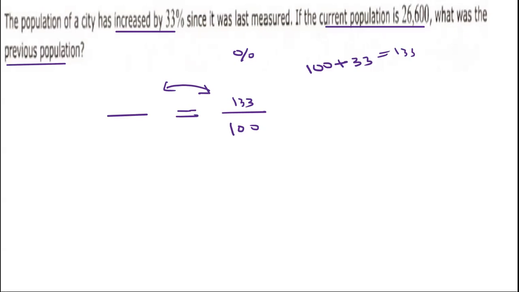So in this case, if I do my proportion here, 26,600 is going to be on the top. And then the x is going to be on the bottom because I don't know what it was previously. So we cross multiply and divide here.